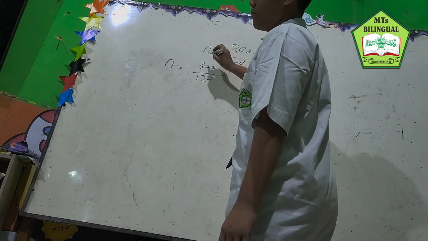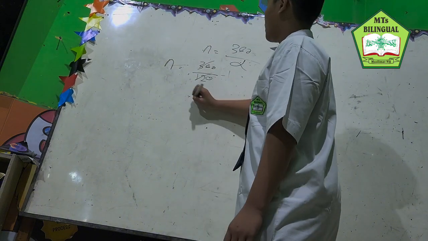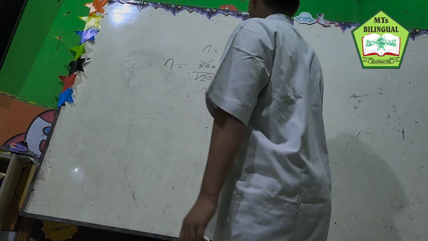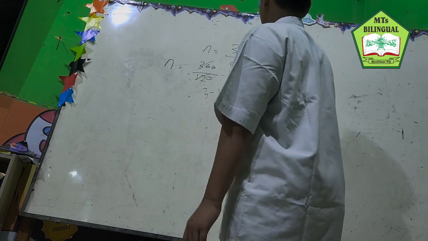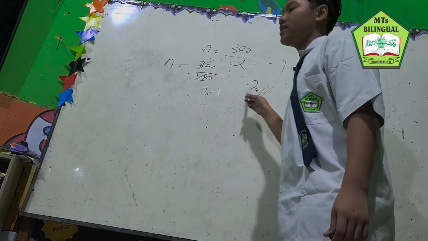So 3 minus 1 is 2. So the number of images produced by the mirrors is 2 images.